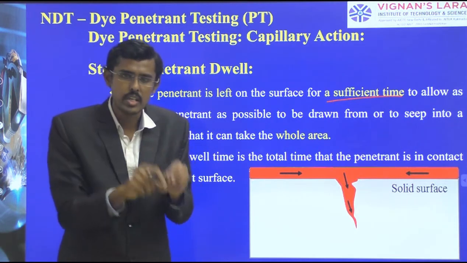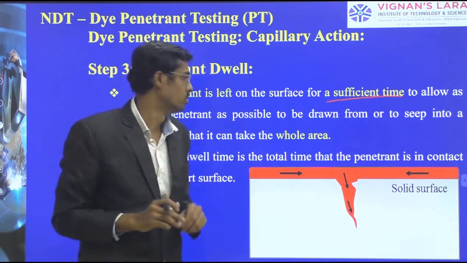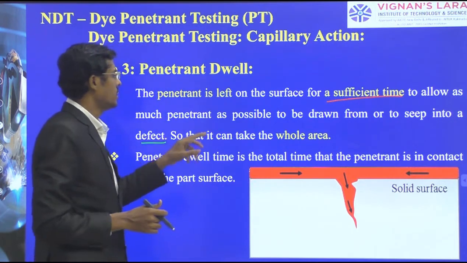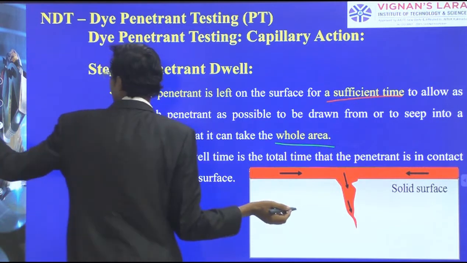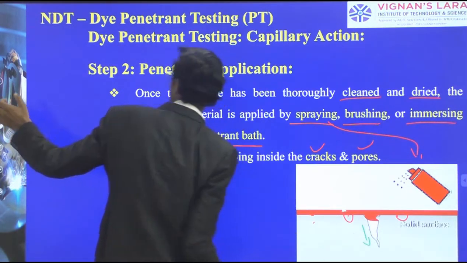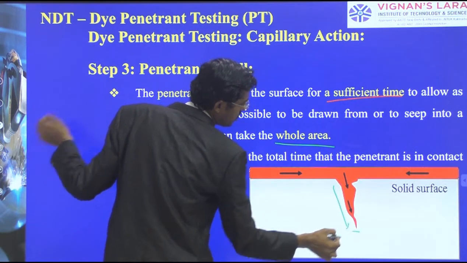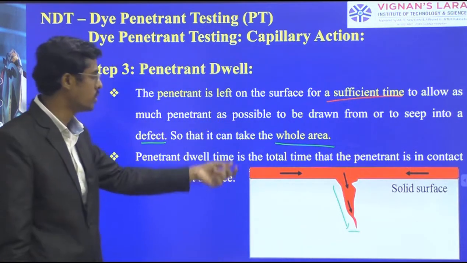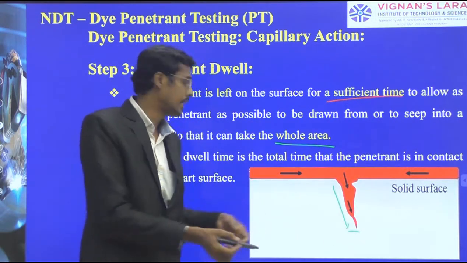Therefore, after the penetrant is applied, we should give sufficient soaking time, a dwell time, so that it can take the whole area. In the previous image it has started but is not coming inside, but in this image it is completely filled up to the last point of the crack. It is by giving the dwell time only that it reaches the last point, even with multiple cracks.